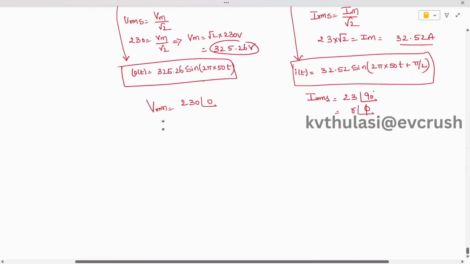Now let's try to draw the phasor diagram. When you draw the phasor diagram, we take the voltage as reference, V at an angle 0, which is called the reference, and here you are going to have the current at 90 degrees.